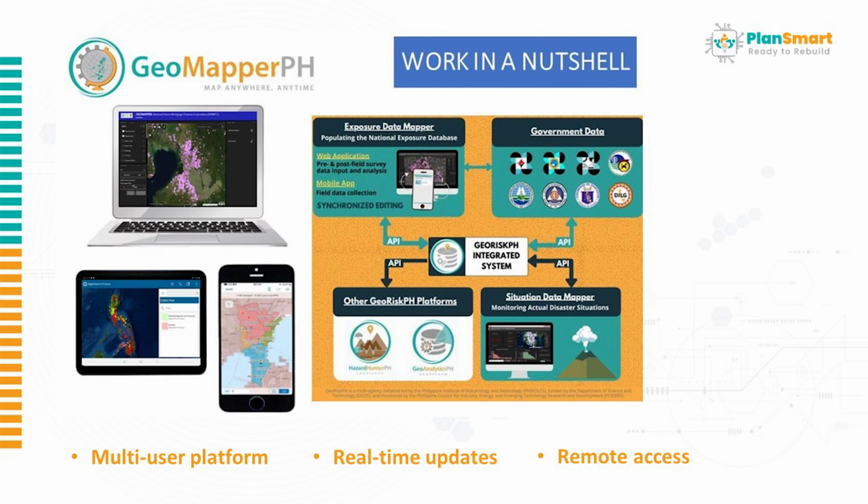GeoMapper may be used in your laptop or desktop as a web application, and in your mobile devices such as smartphones or tablets as a mobile application. The advantage of using GeoMapper PH versus your desktop GIS application is that it's a multi-user platform. Several users can access and edit data simultaneously.